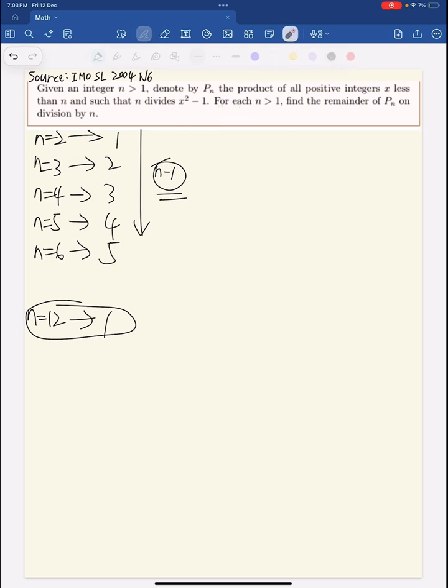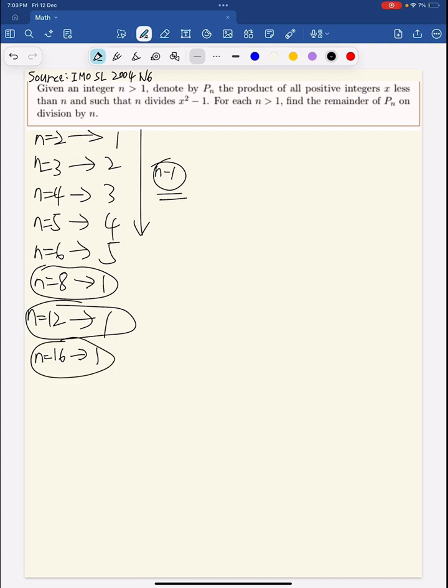So that actually also multiplies to 1. I neglected that earlier, sorry. So now we find these two, and it's easy to see that n equals 16 is also 1. And another value, n equals 15, is also 1. So it doesn't look like anything to do with parity either.